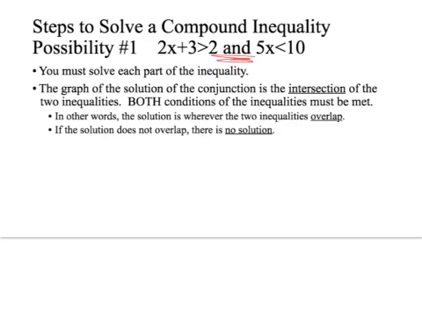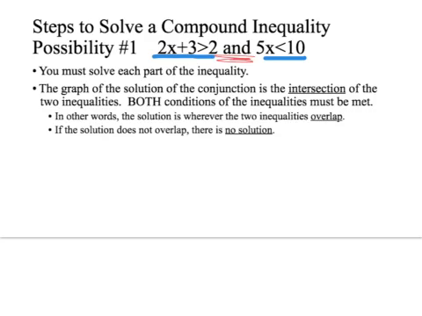You must solve each part of the inequality, so you are going to solve 2x plus 3 is greater than 2 separately, and then you're going to solve 5x is less than 10 separately, so you're going to solve both of these inequality problems. And then on the graph, the solution of the conjunction is the intersection of the two inequalities.